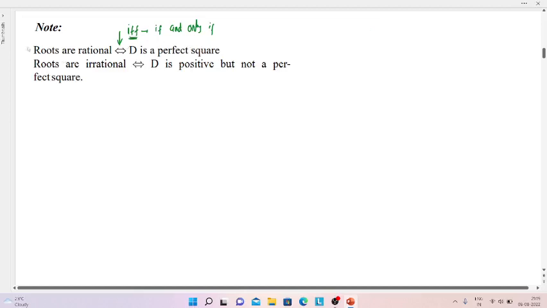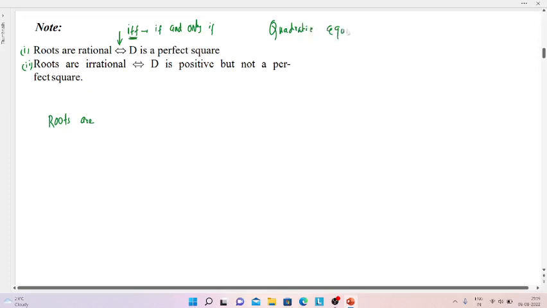So here the given condition is roots are rational. This implies and is implied by D is a perfect square, right? So just think about it. Suppose I'm taking roots are rational, right? I'm just talking about the quadratic equation only.